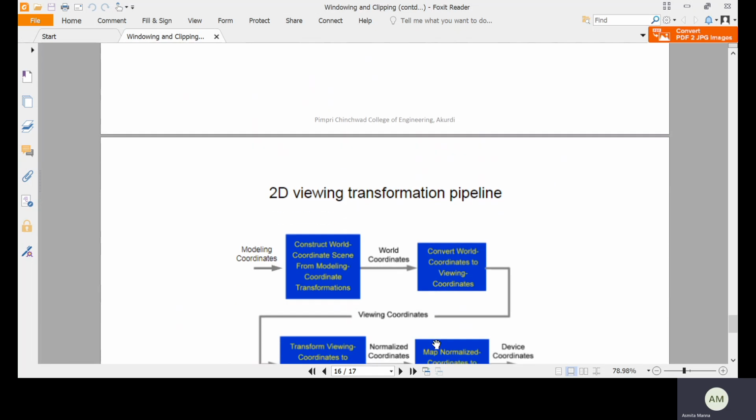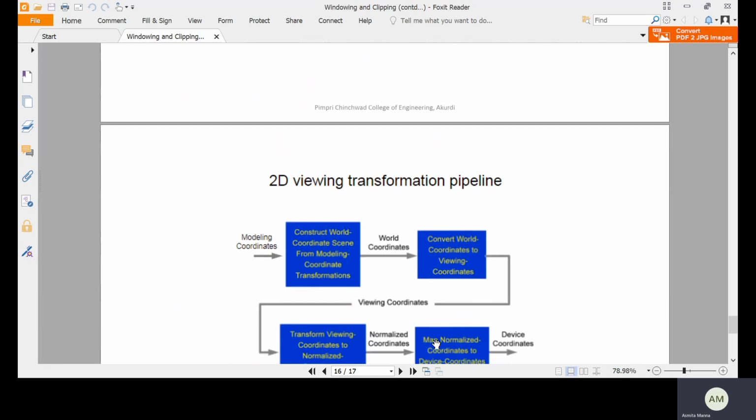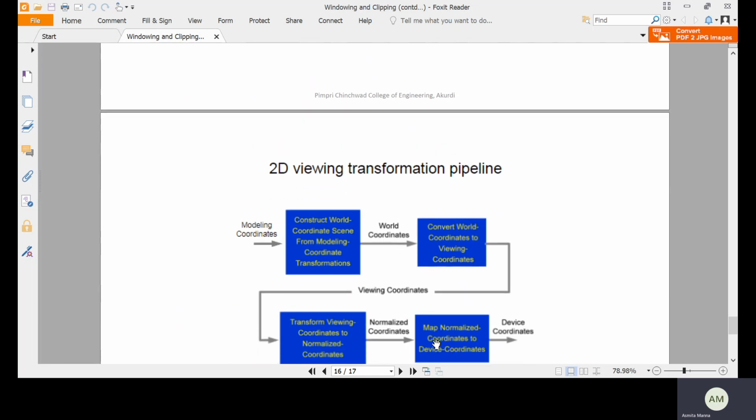If I consider the two-dimensional viewing transformation pipeline, we can say all the elements are modeled using the modeling coordinates. Then the world coordinate scene is constructed from modeling coordinate transformations.